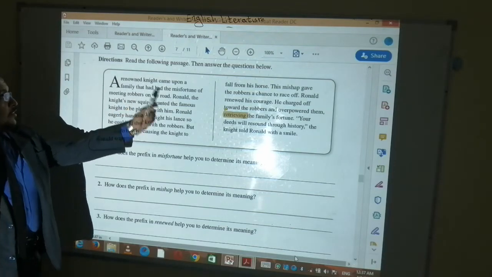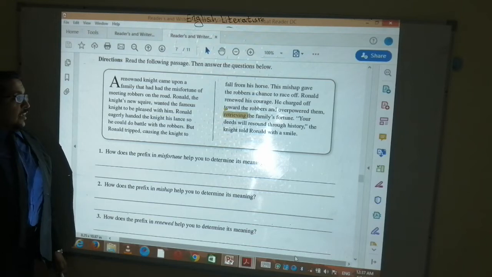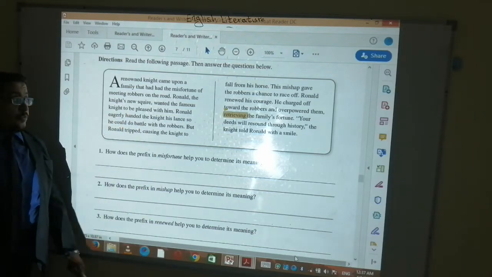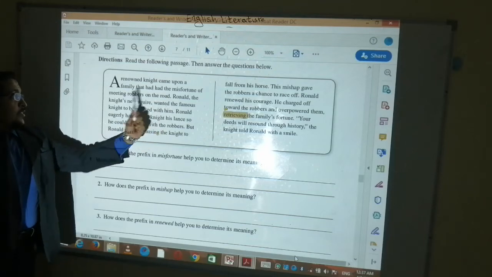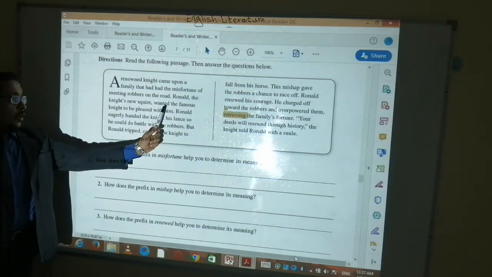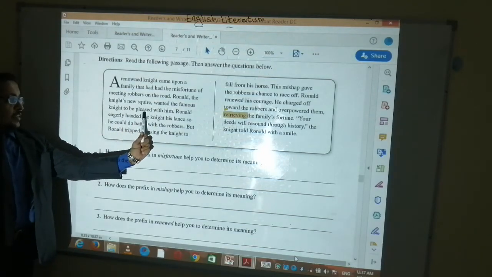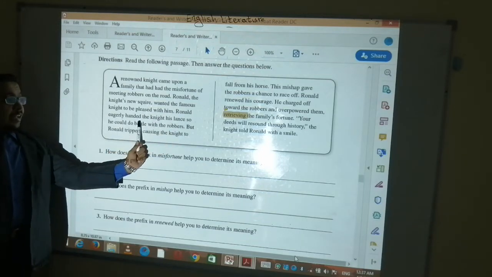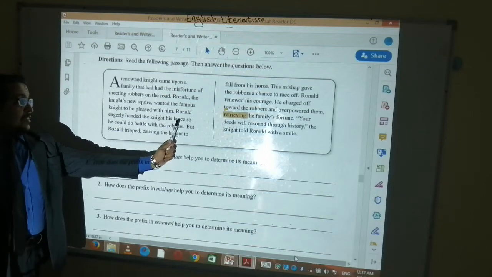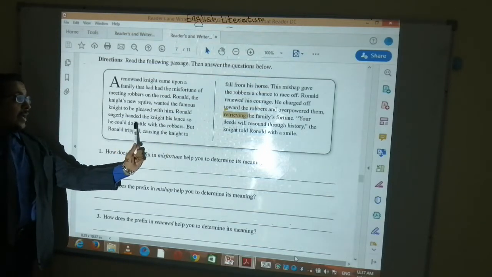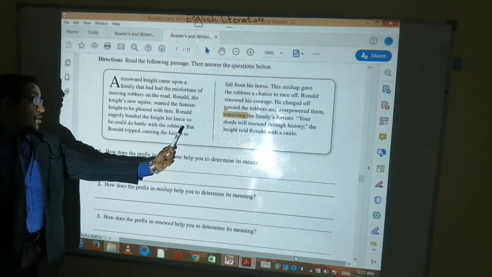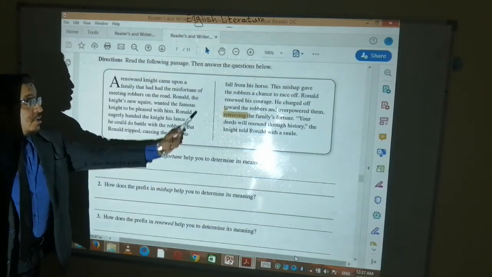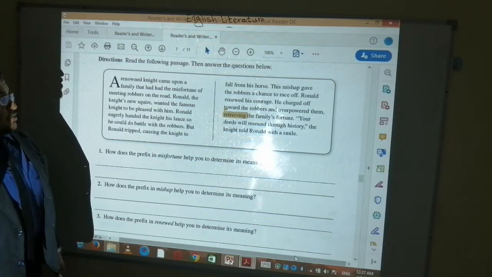A renowned knight came upon a family that had the misfortune of meeting robbers on the route. Ronald, the knight's new squire, wanted the famous knight to be pleased with him. Ronald eagerly handed the knight his lance so he could do battle with the robbers. But Ronald tripped, causing the knight to fall from his horse.